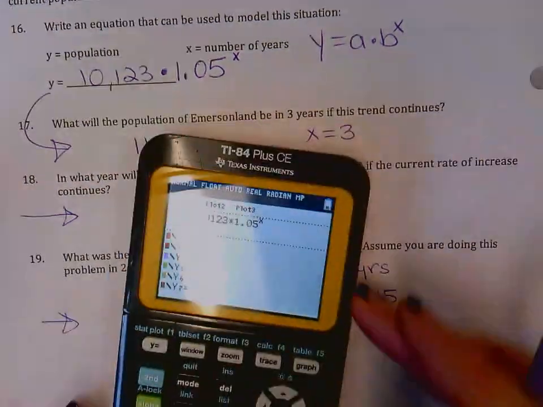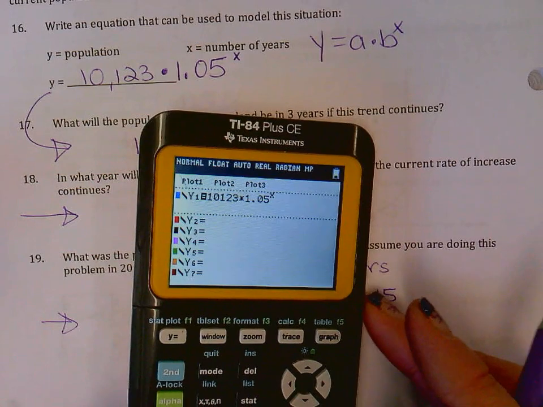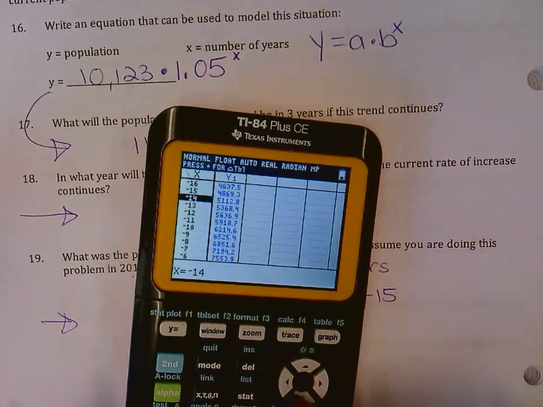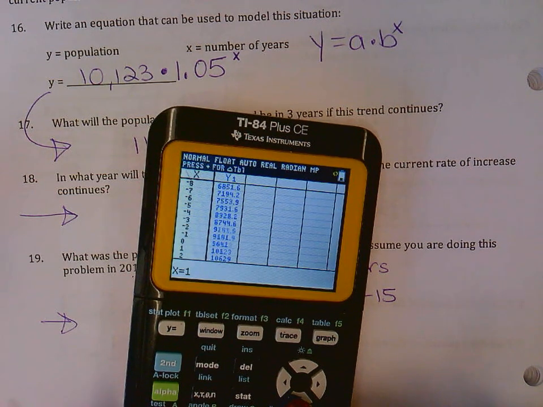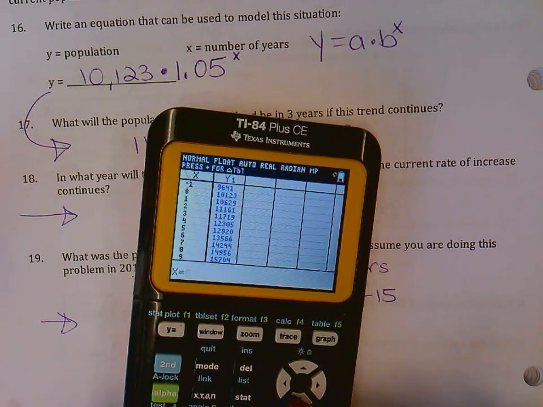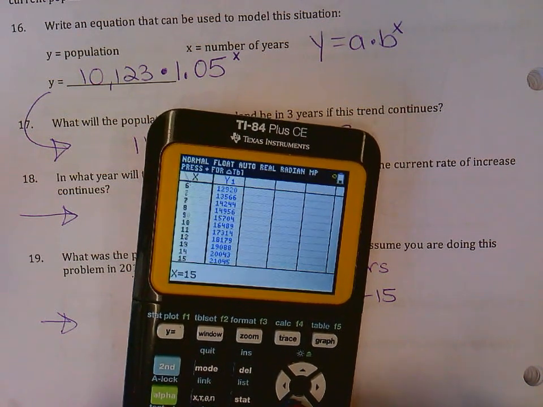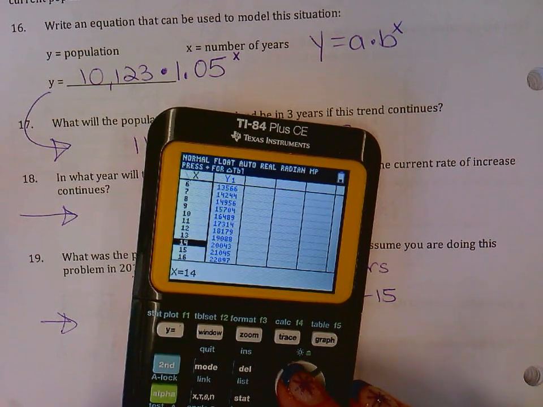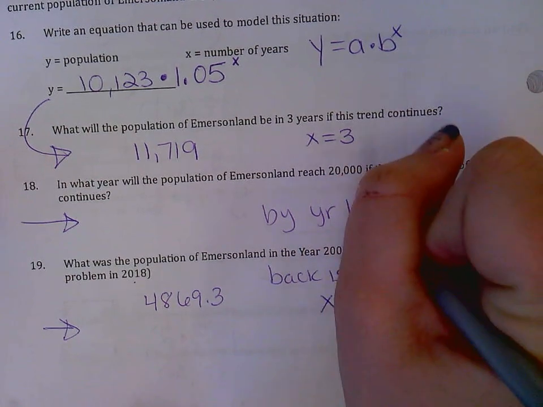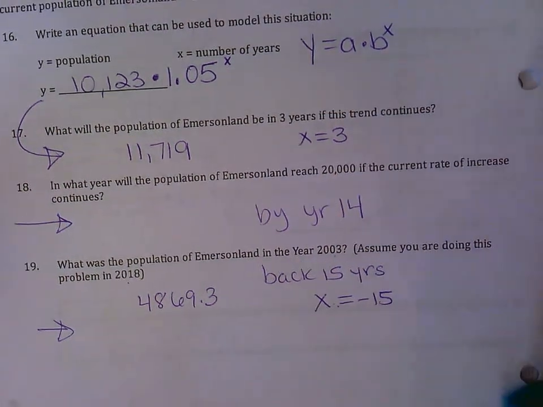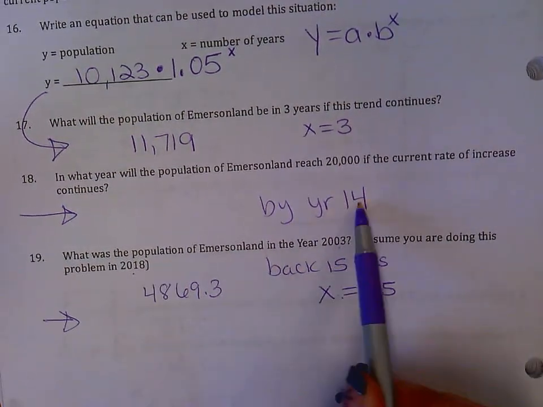So all I did was I plugged this into my y equals menu and I went to the table. And now I'm just looking, when does my population reach 20,000 people? So it looks like by year 14. And if I wanted to, I could take 2018 and add 14 years.